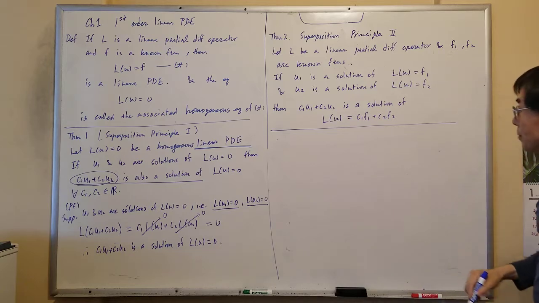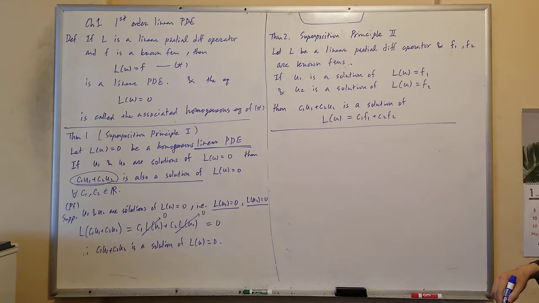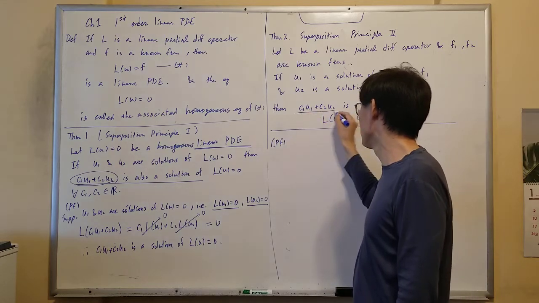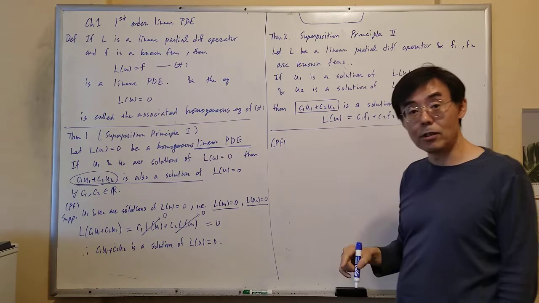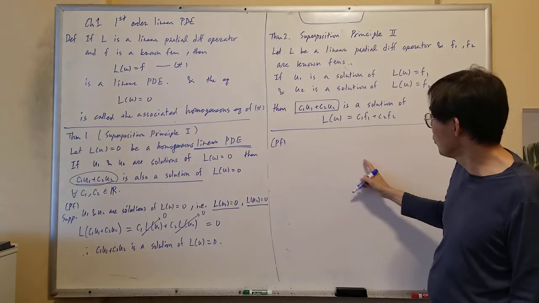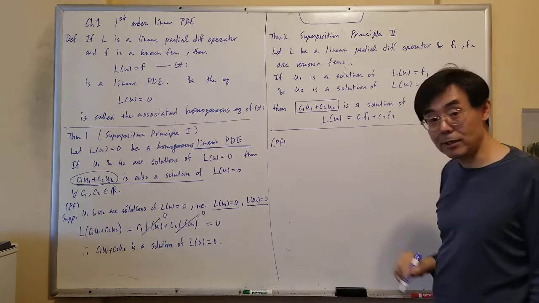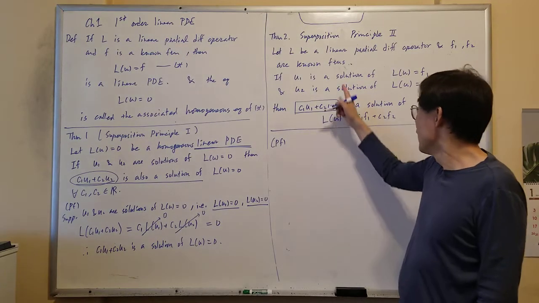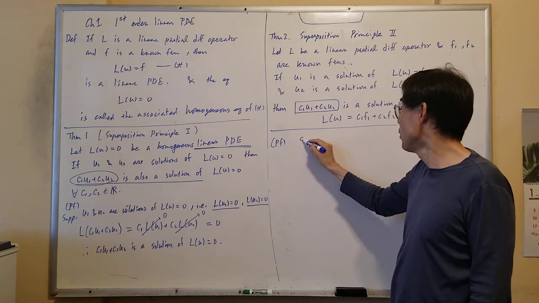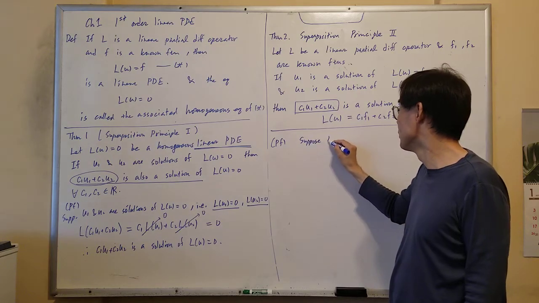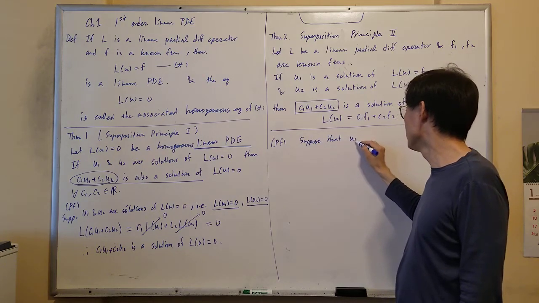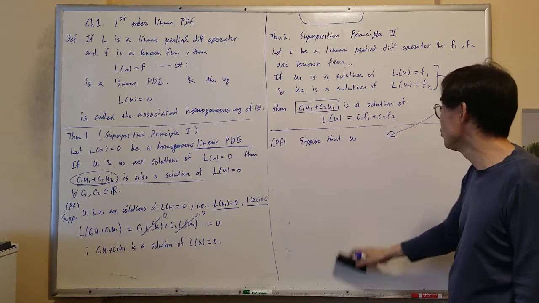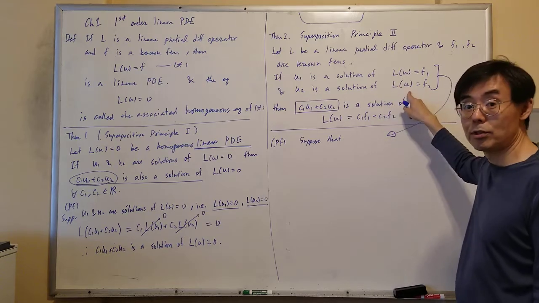The proof is also the same. In order to show that this is a solution to this differential equation, you just have to show that L of that function will satisfy this. Suppose that U1 is a solution of this and U2 is a solution of that.